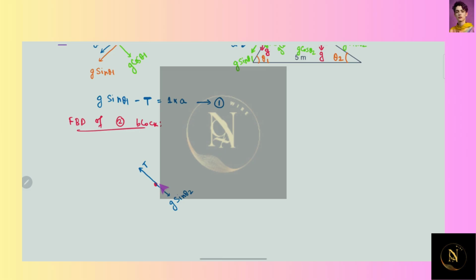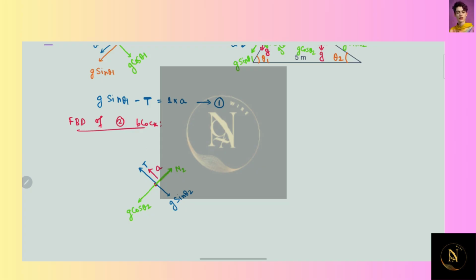A normal reaction force N2 is acting perpendicular to the inclined plane, and g cos theta 2 is acting like this. Due to this, the second block is moving along the inclined plane upward with an acceleration of a.